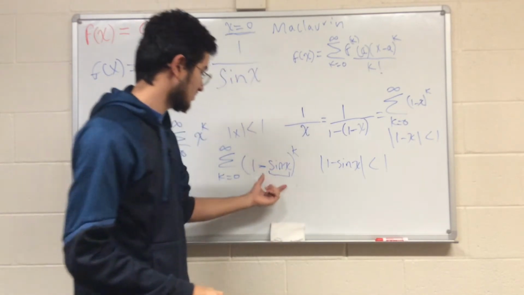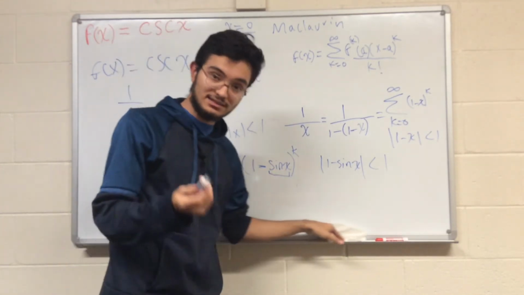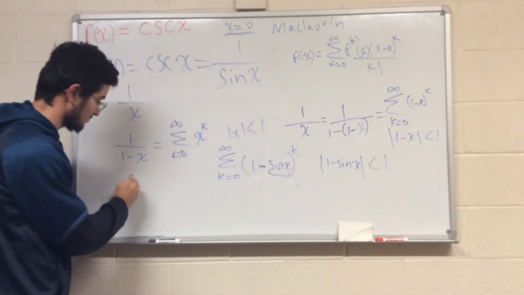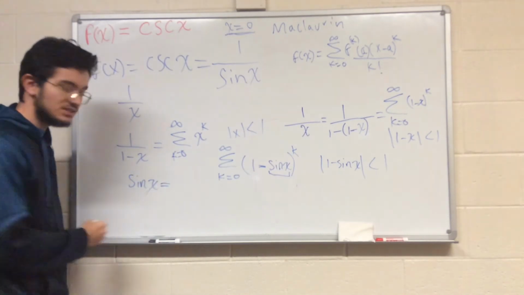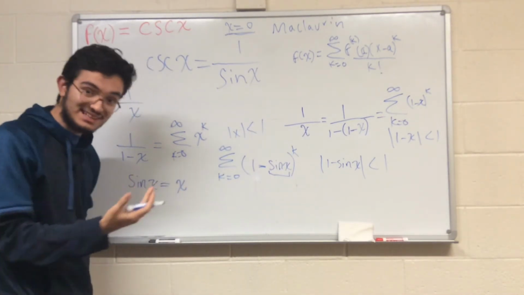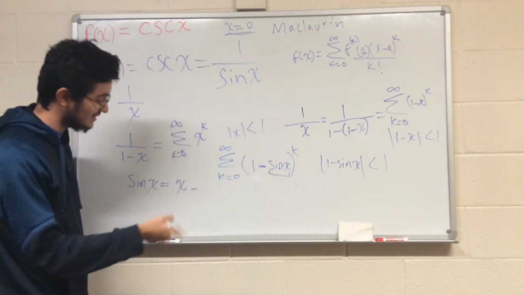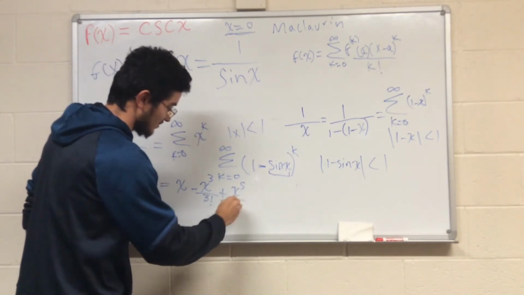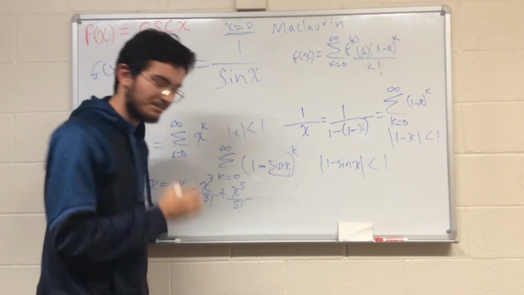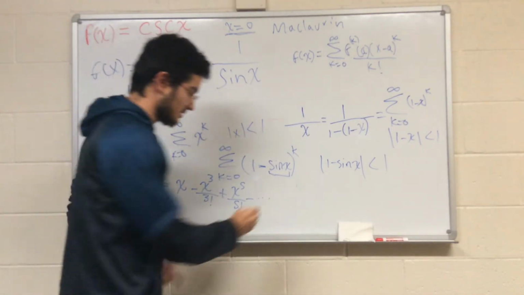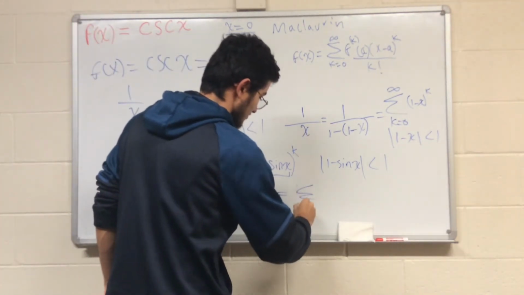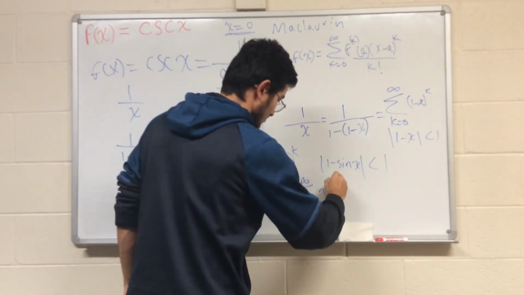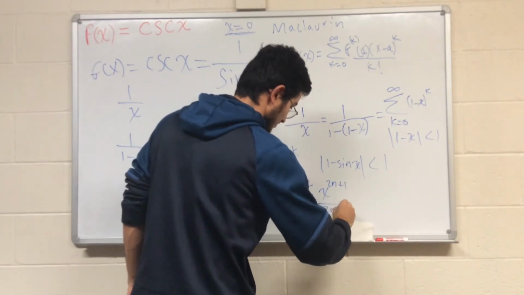We could expand it, because we know that the series expansion for sine of x is x minus x to the power of 3 divided by 3 factorial, plus x to the power of 5 over 5 factorial, minus dot dot dot. This is the series expansion for sine x, which is the sum from n equals 0 to infinity of x to the power of 2n plus 1 divided by 2n plus 1 factorial.